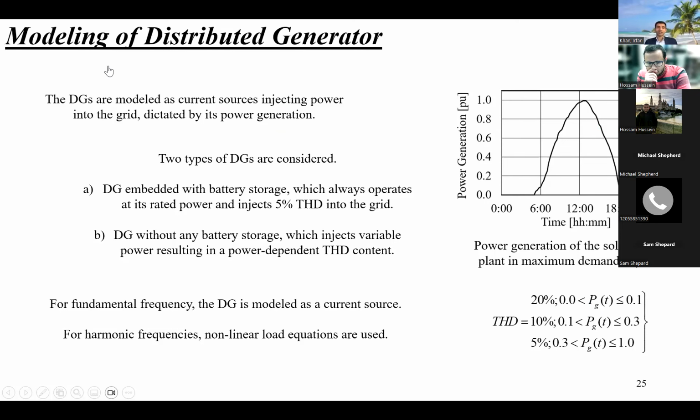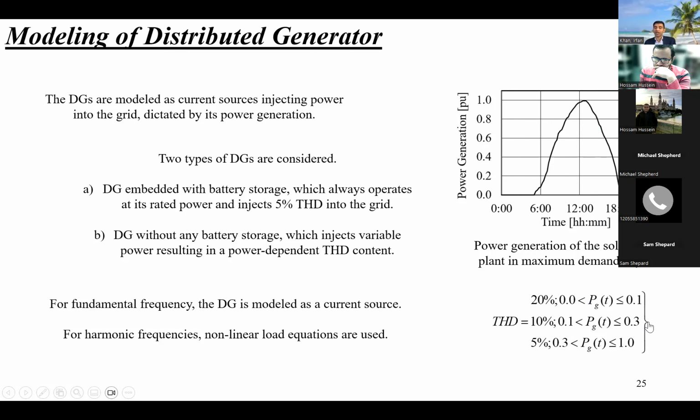And so, modeling of the distributed generator. When distributed generators are operating at power generation between 80% to 100%, so 1 per unit, if we have this much power output from the generator during this time, then the harmonic contribution is only 5%.